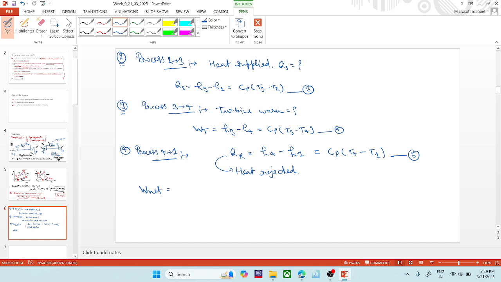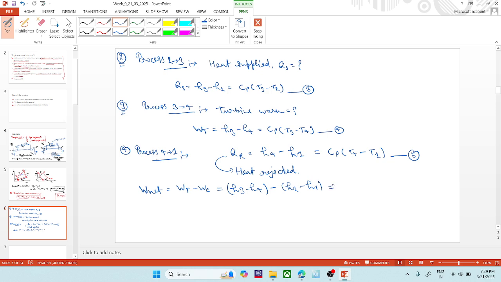W net would be WT minus WC, where WT is H3 minus H4 and WC was H2 minus H1.